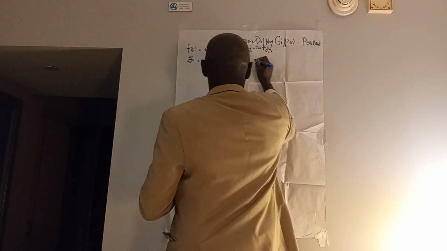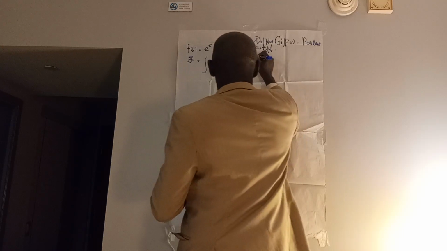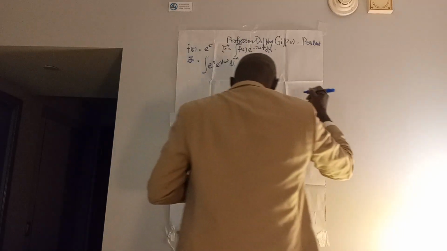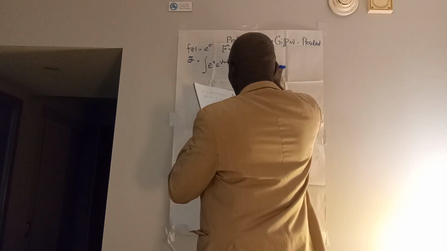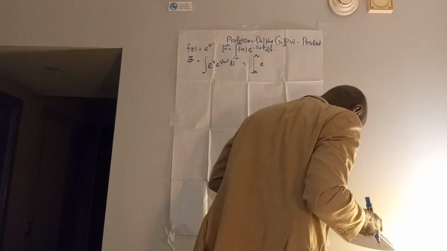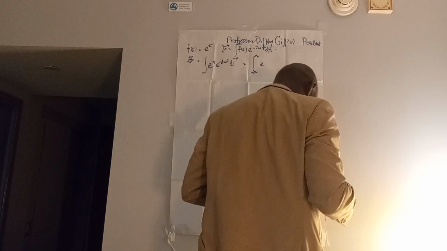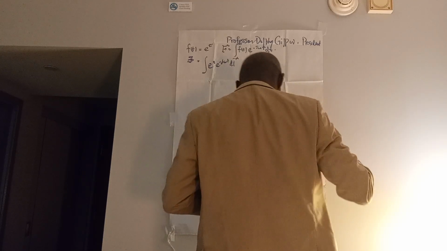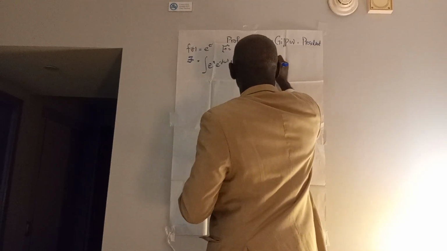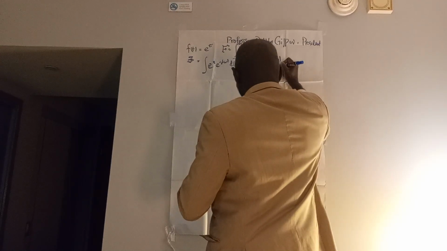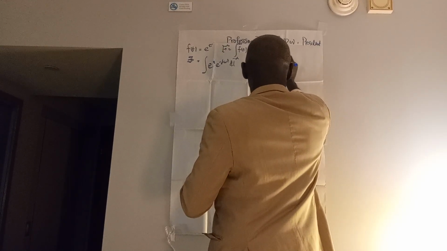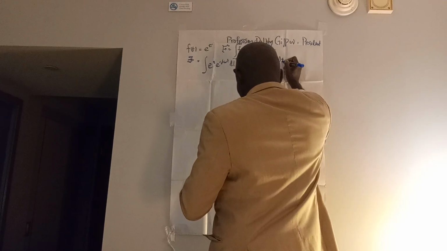And this is equal to the integral from minus infinity to plus infinity of e to the power of 1 minus j omega times t dt, where we factor out the t.